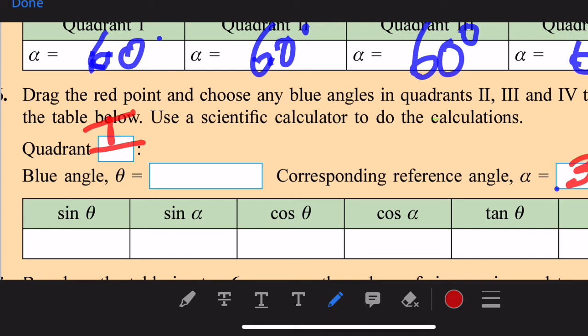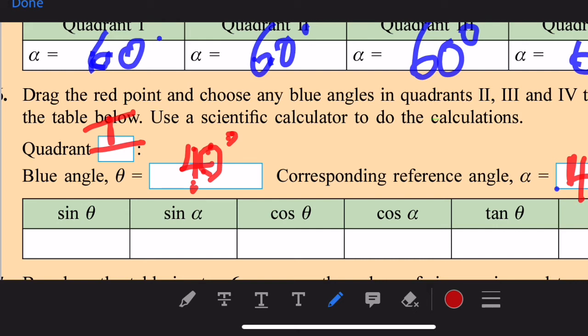Now I have 20, now 40. We stick to 40 because it is easier. So alpha in the first quadrant is 40, and the blue angle is also 40.